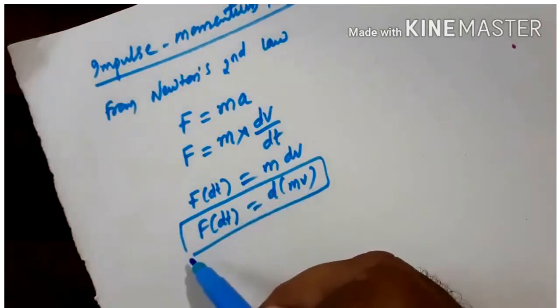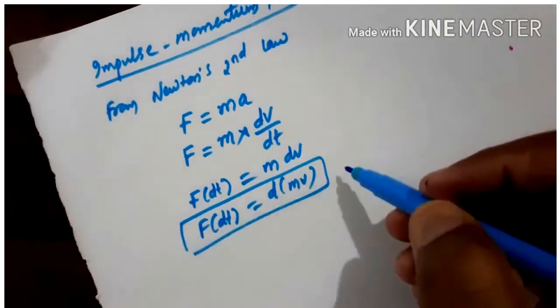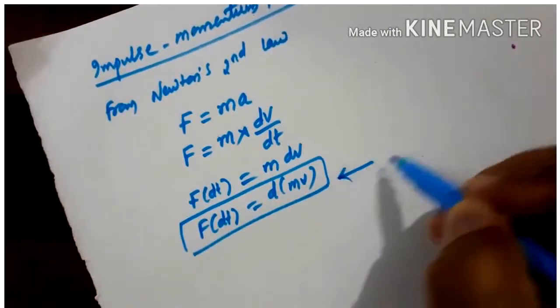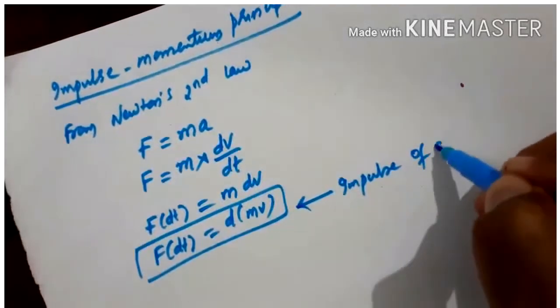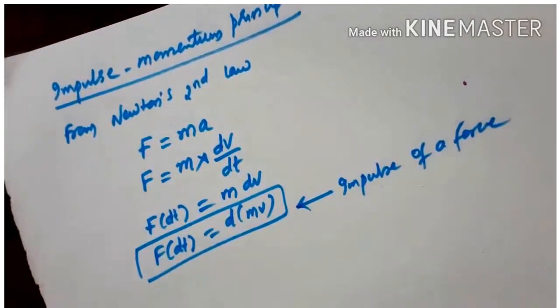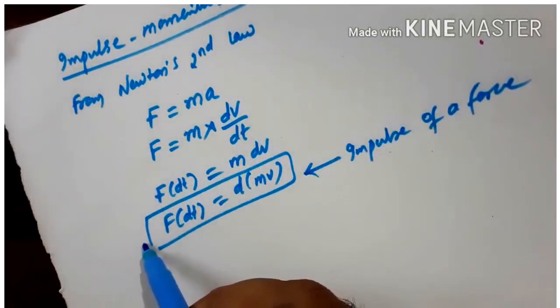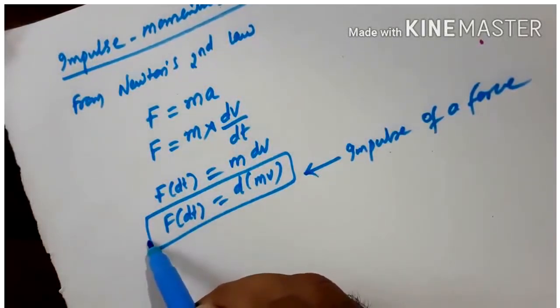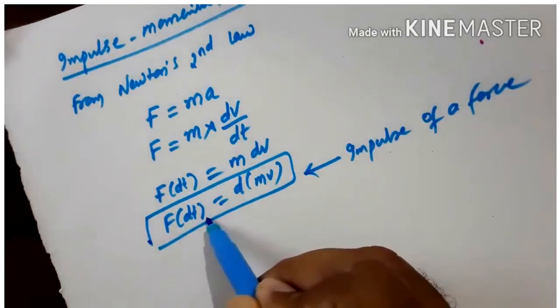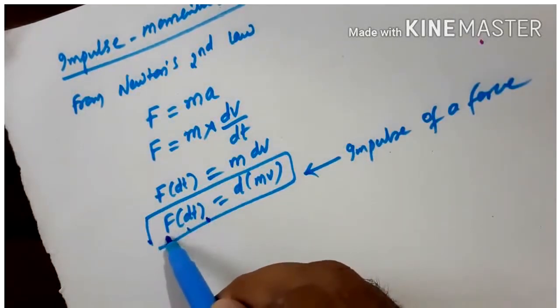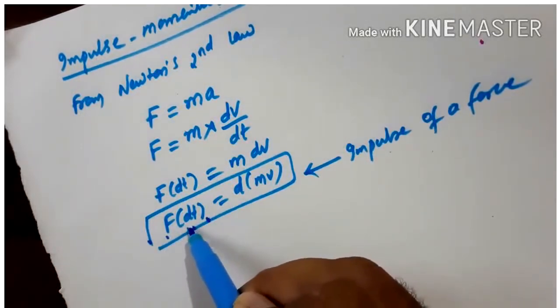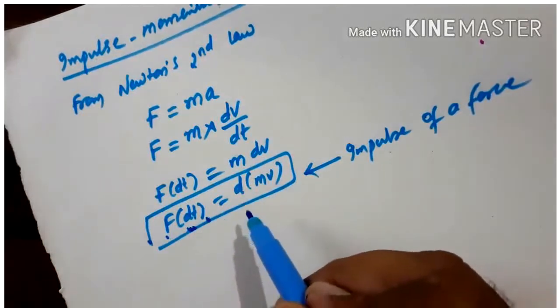Then this is called the impulse of a force. So a force which acts on a body over a short interval of time is known as the impulse of a force.